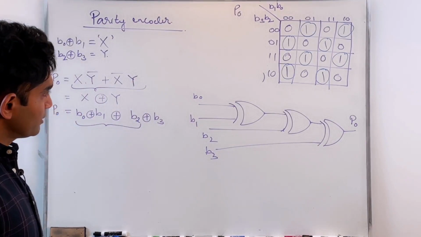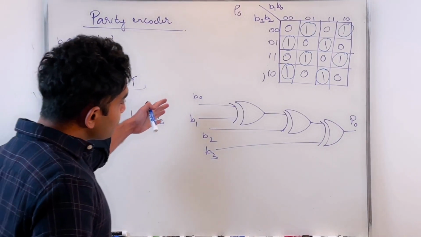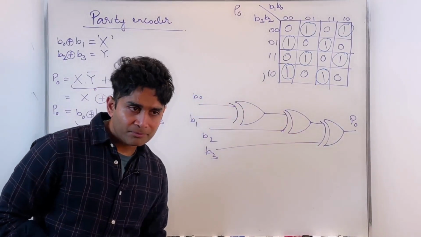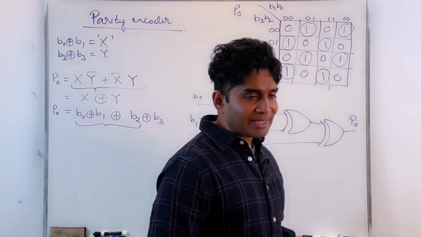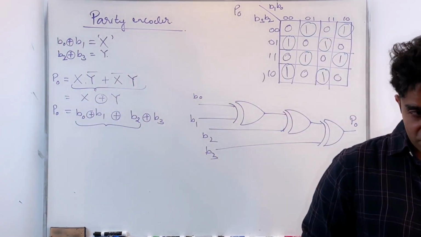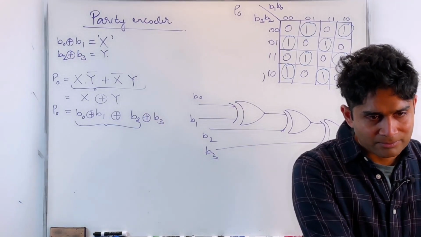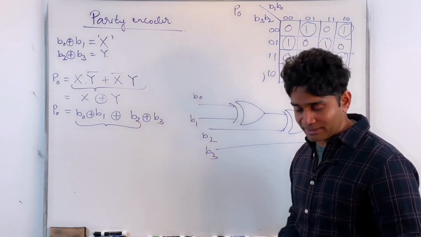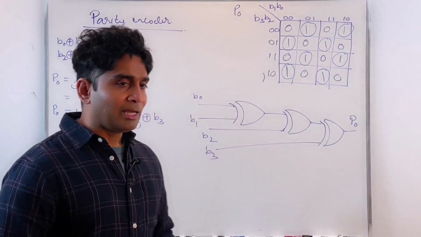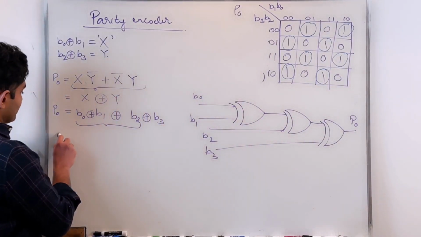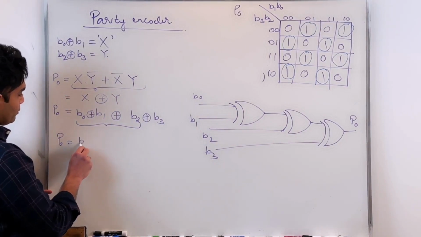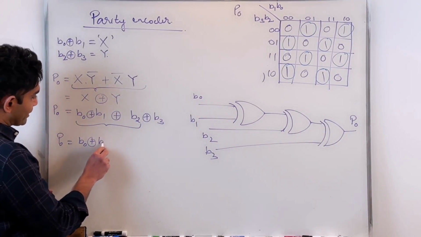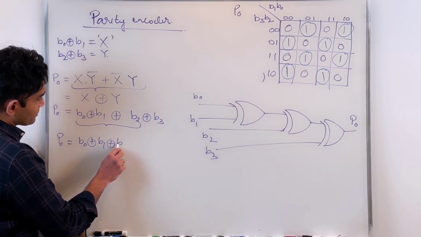So that's how I would implement my odd parity generator. Now that I know how this looks for 4 bits, can I implement that for 7 bits, for example? I don't have to do the K-map for a 7-bit or 8-bit parity encoder. I can imagine that my P0 would be a bunch of exclusive OR operations between individual bits.